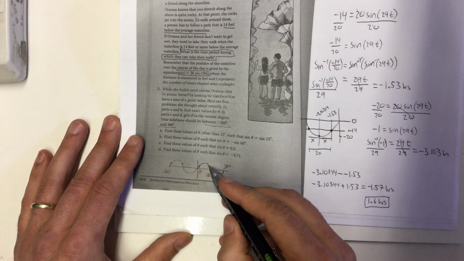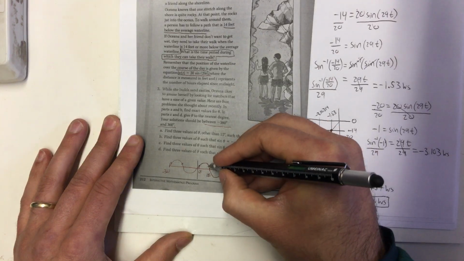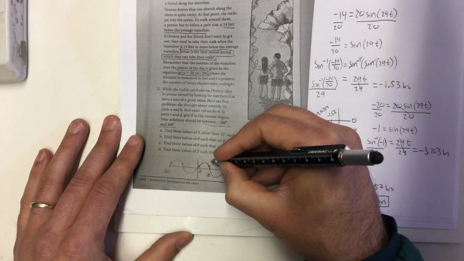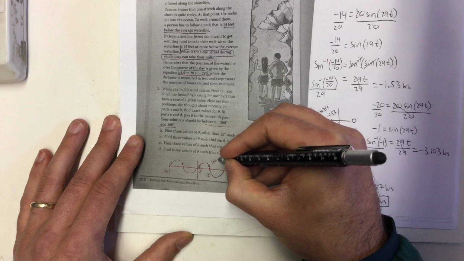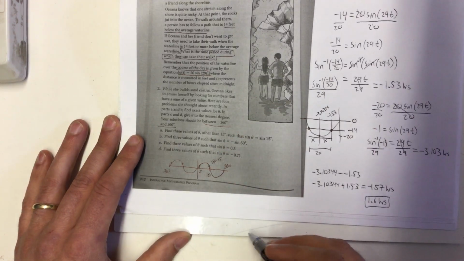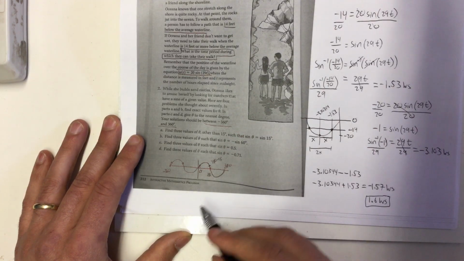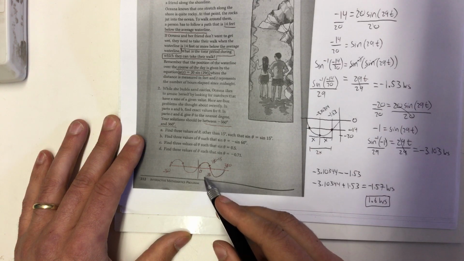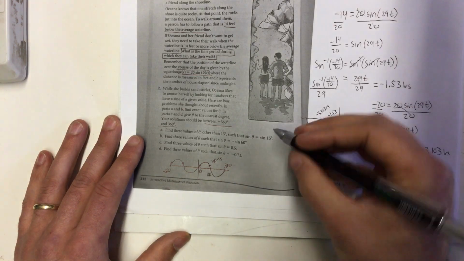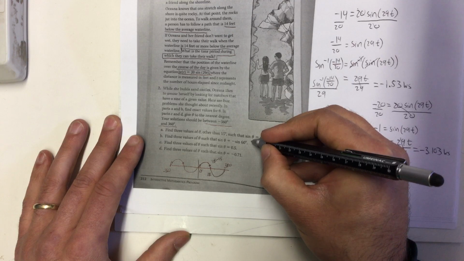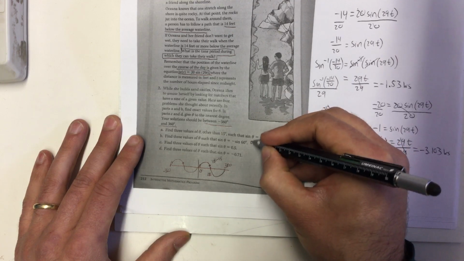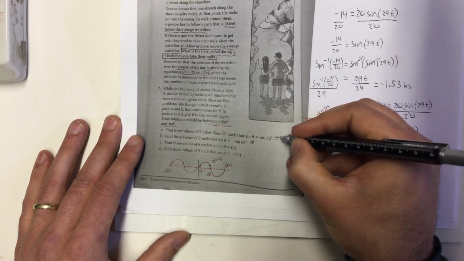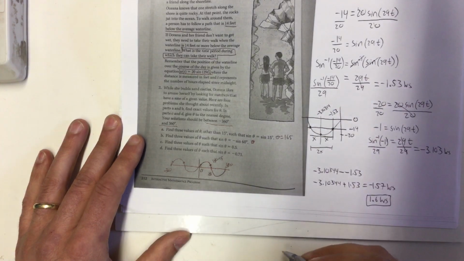So what's 180 degrees minus 15? That's what our answer is. So this would be 180 minus 15, which is 165. So for A, theta equals 165.